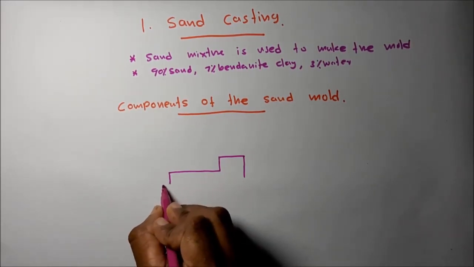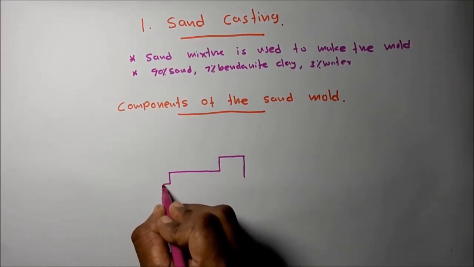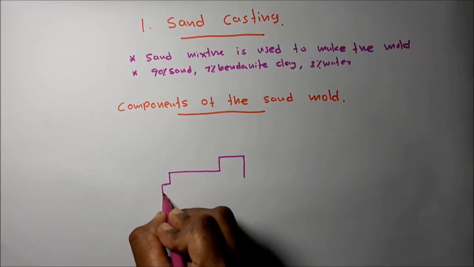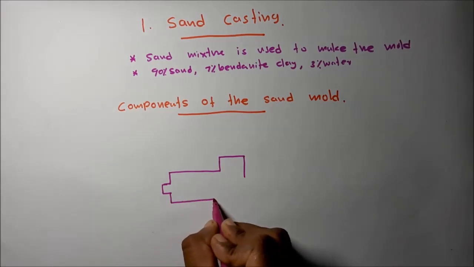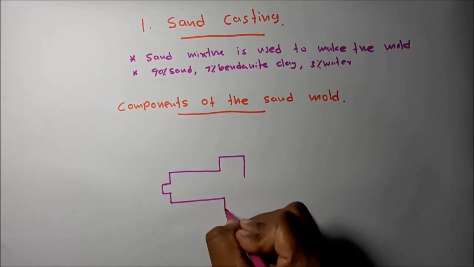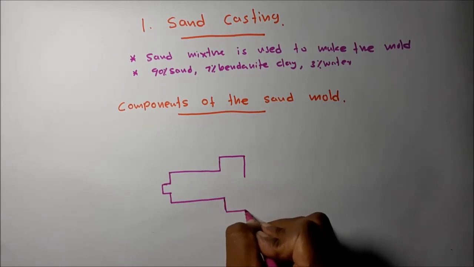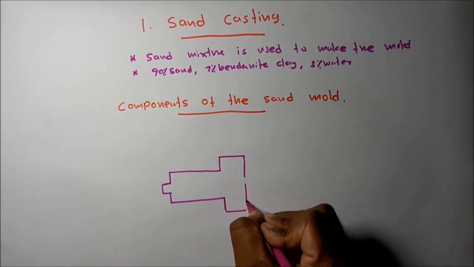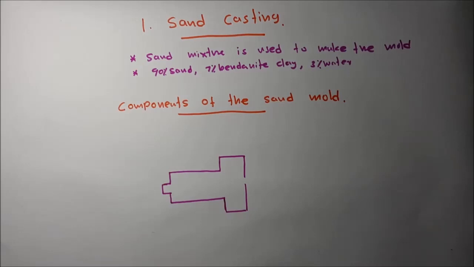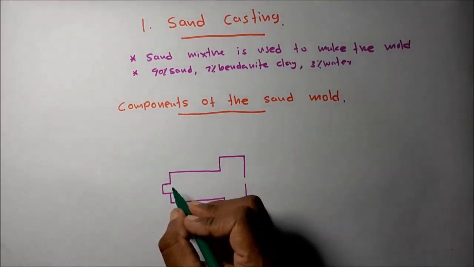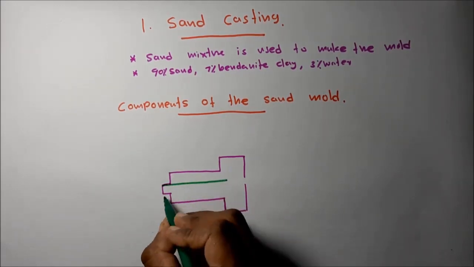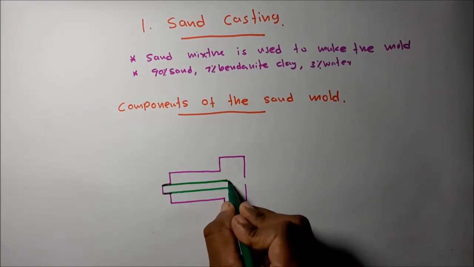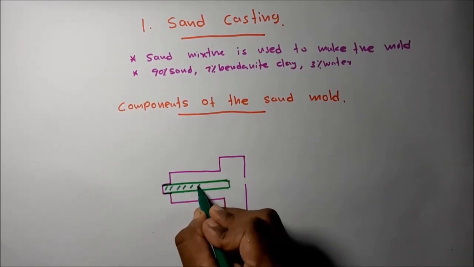It also has internal features. Let's take the internal feature as a hollow feature we need. To generate the hollow, cores are used. I'll explain later. This is called the core.